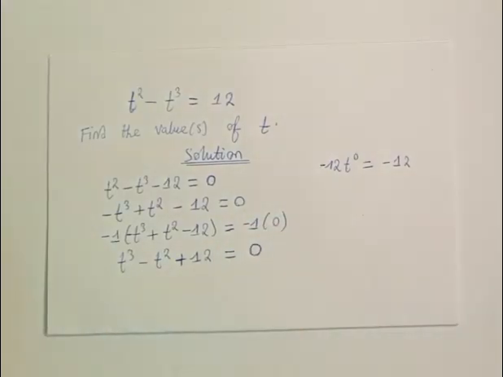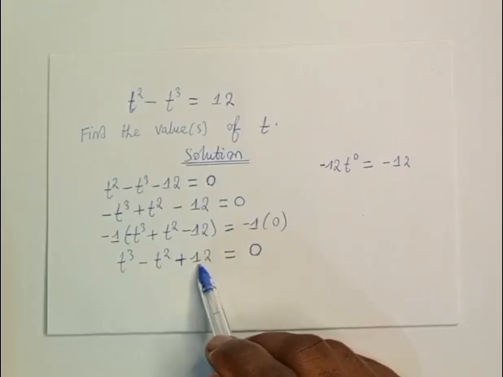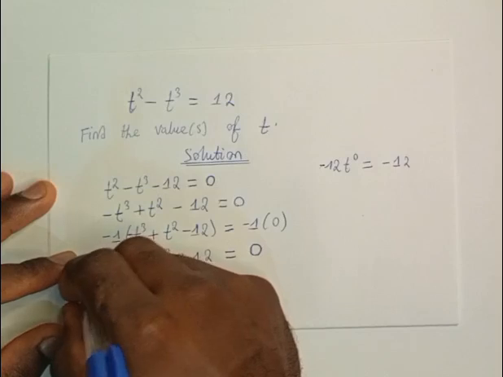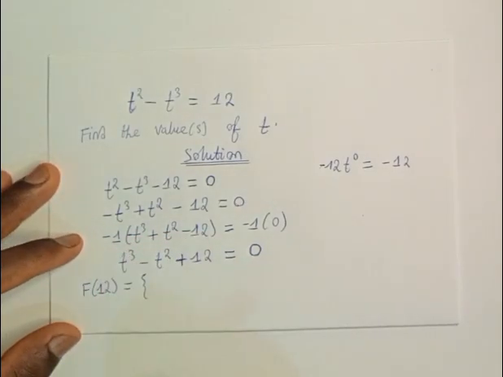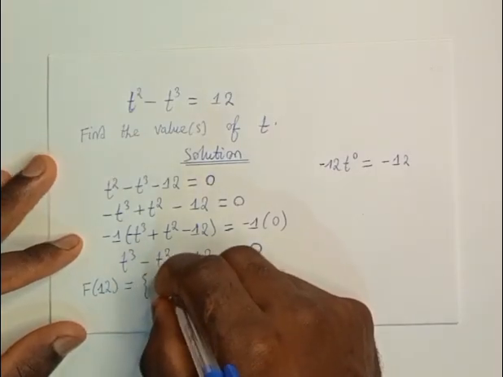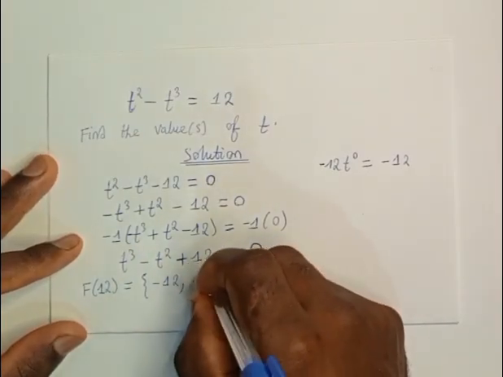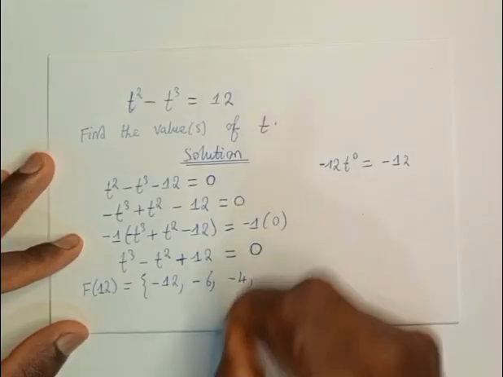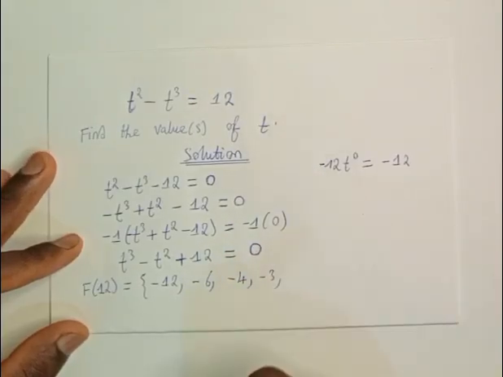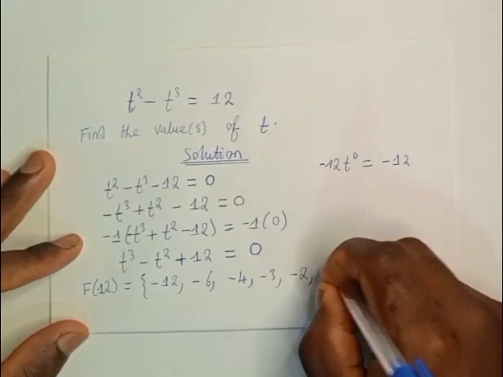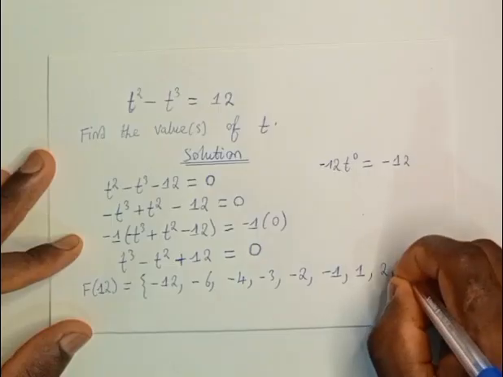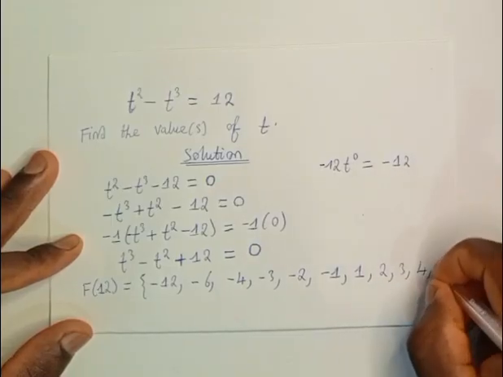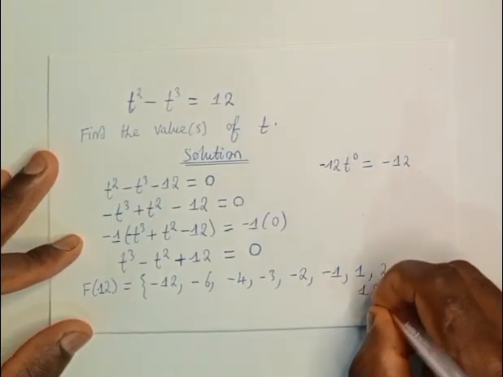Next step, we are going to write out the factors of the constant term, which is 12. Write the factors of 12, both the positive and negative factors. We have negative 12, negative 6, negative 4, negative 3, negative 2, negative 1. The positive factors 1, 2, 3, 4, 6, and lastly 12.